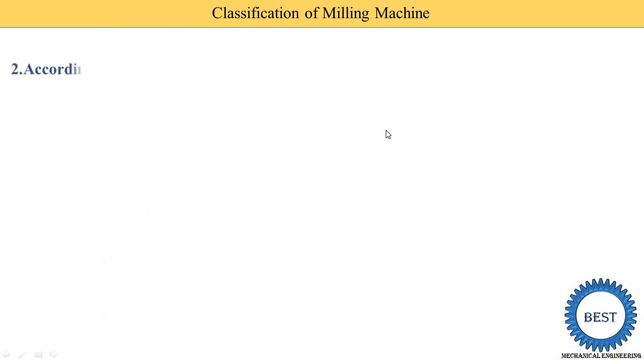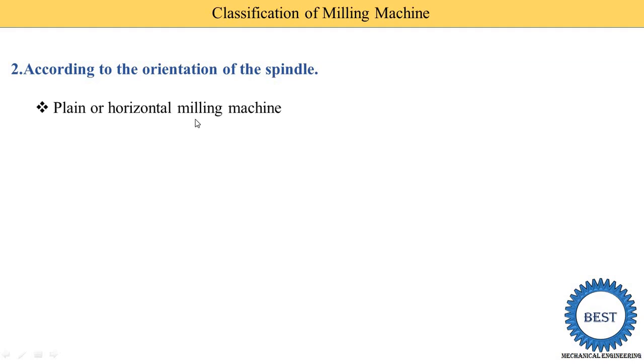Now the second classification is according to the orientation of the spindle. We know that the arbor is mounted on the spindle, and the orientation of the spindle may differ: horizontal, vertical, or inclined. Depending on this orientation, it is classified as plain or horizontal milling.